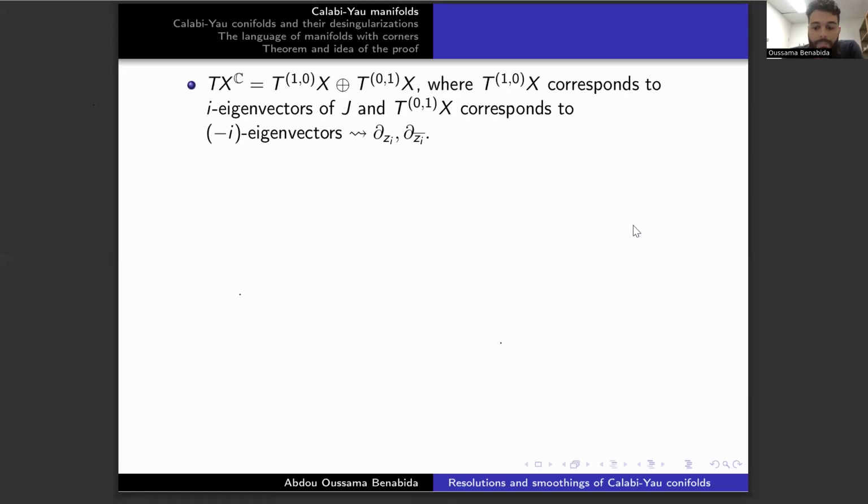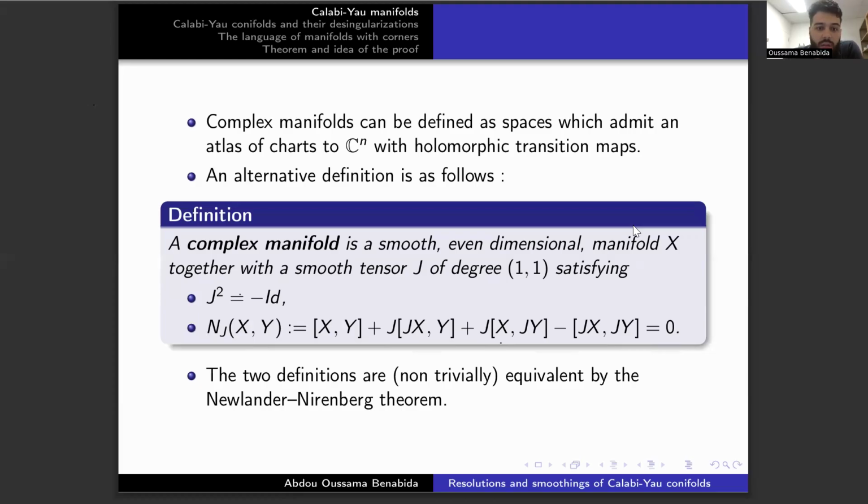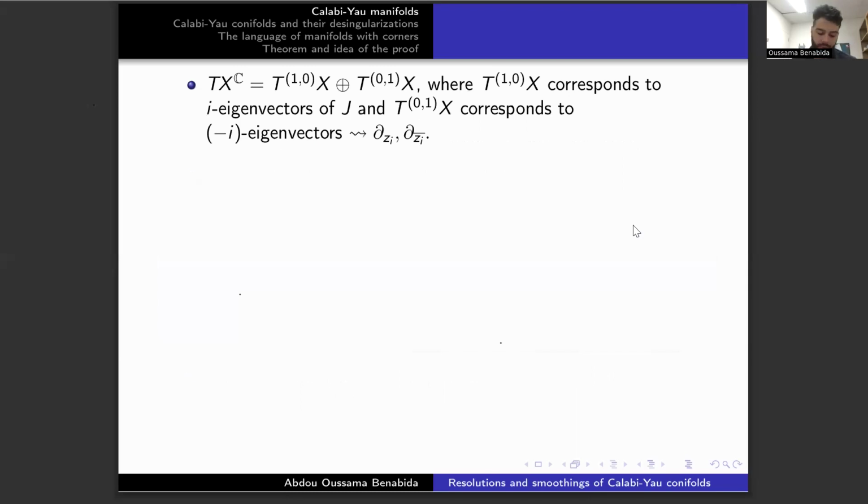Since J squared is equal to minus identity, the eigenvalues of J are either i or minus i. Therefore, if we look at the complexified tangent bundle, it can be split into 2 parts. The first is the i eigenvectors, and the second is the minus i eigenvectors, and these are 2 subbundles.